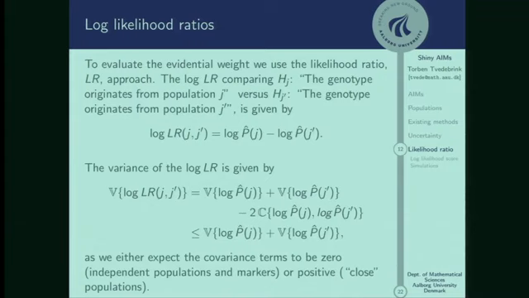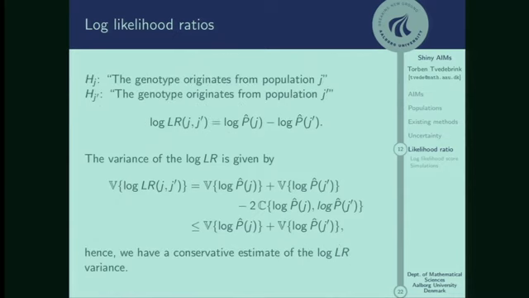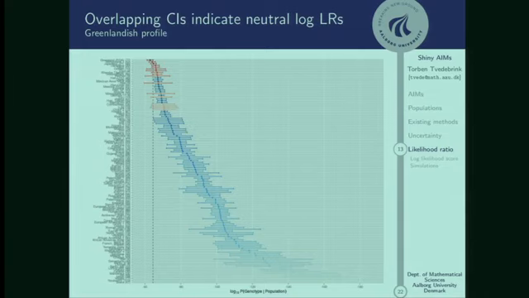But we also wanted to take the variability into account, and because we assume independence wherever we go, we say the variance of the log likelihood ratio can be at least conservatively approximated by the sum of these two terms. We don't want to exclude too many populations. We want to be conservative, so we want to have a long list of possible populations where this genotype can originate from. And this is where the color comes in.